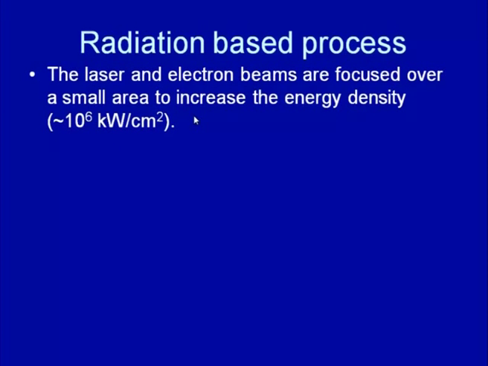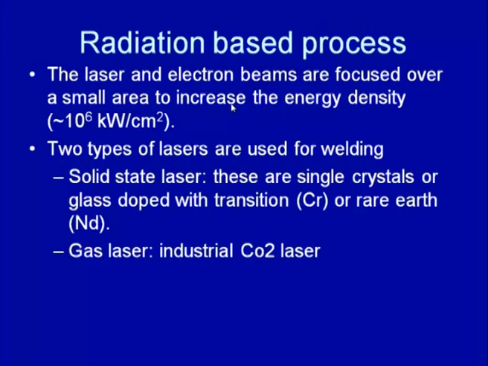So, this can be effectively used for melting as well as ablation, the controlled removal of material in machining processes. But in the case of welding, a somewhat lower energy density is used.